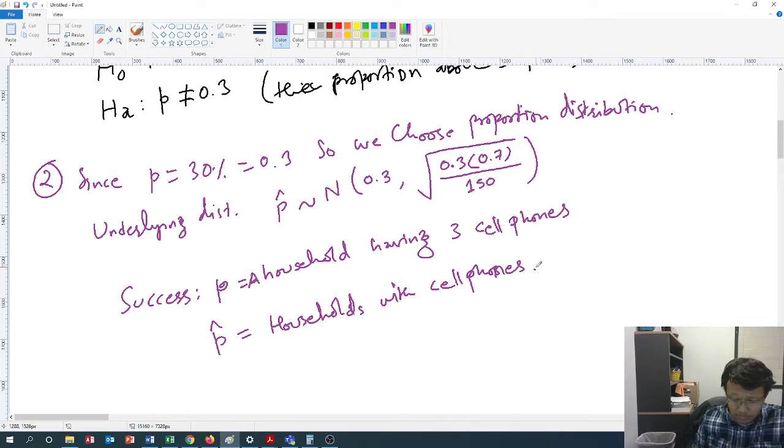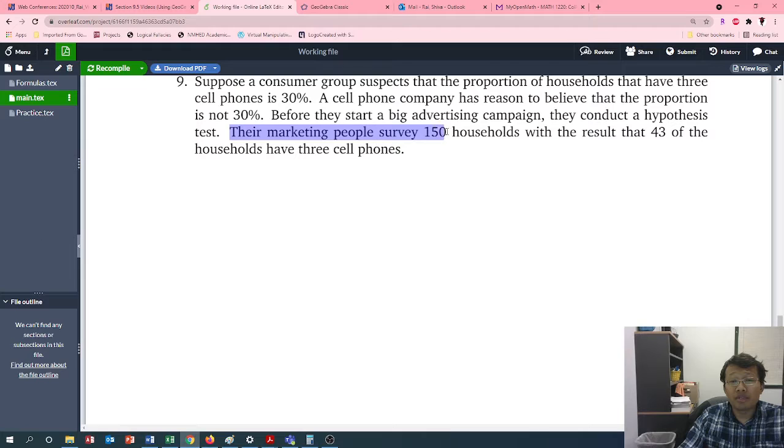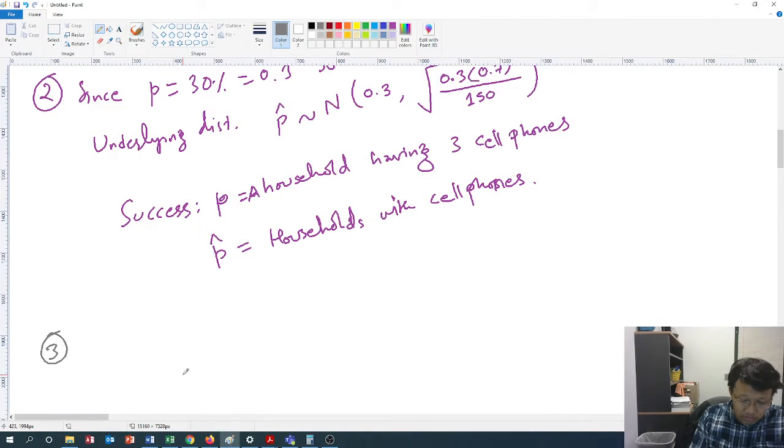Then the marketing people surveyed 150 households with the result that 43 of the households have 3 cell phones. So X equals 43 and N equals 150, which we have already noted down. So this P hat for this particular survey is 43 over 150.